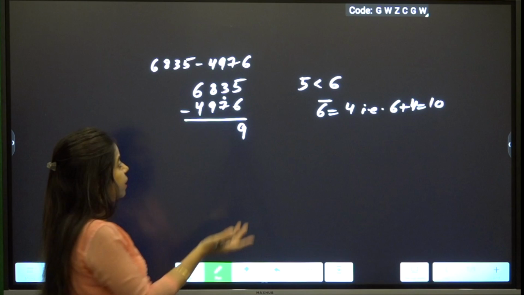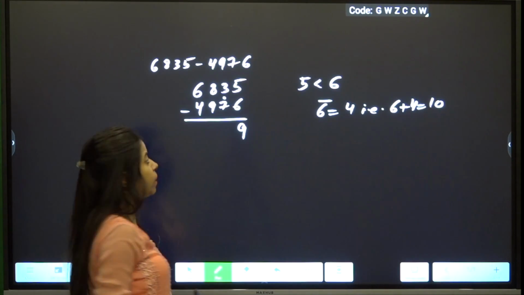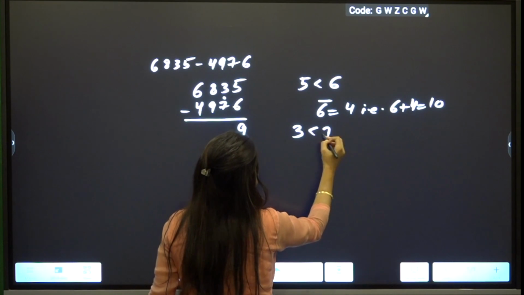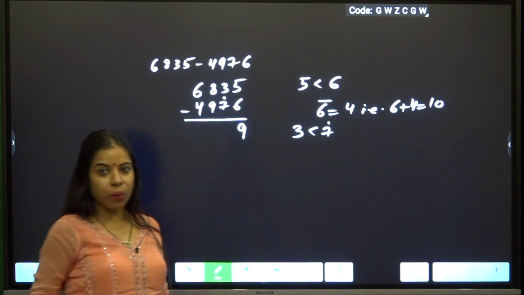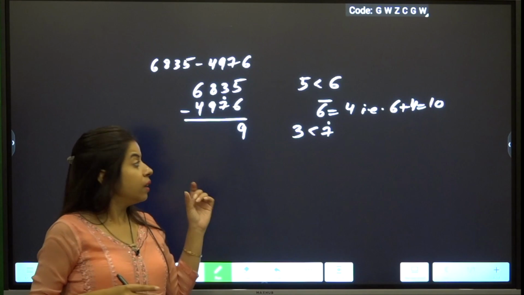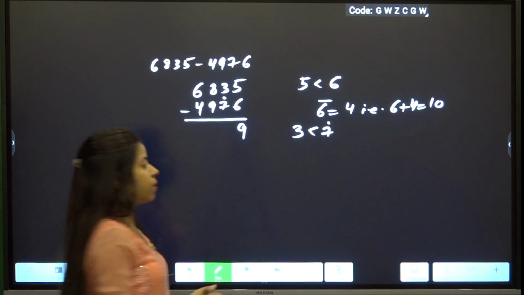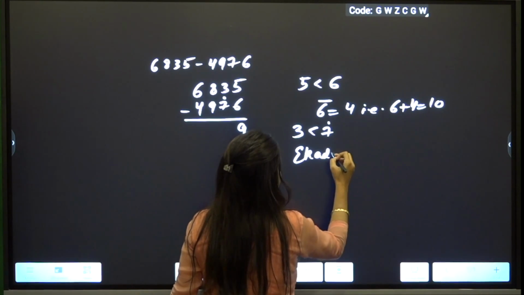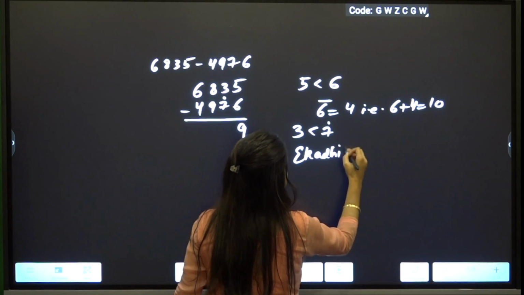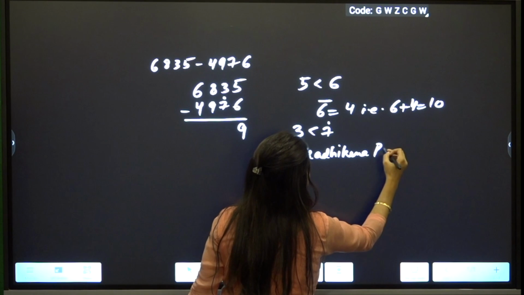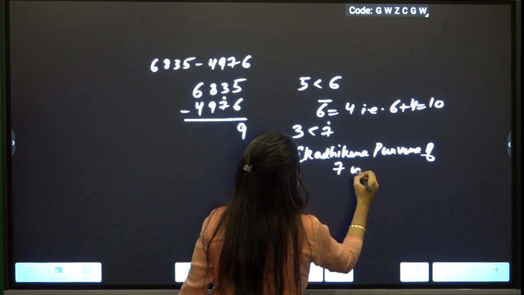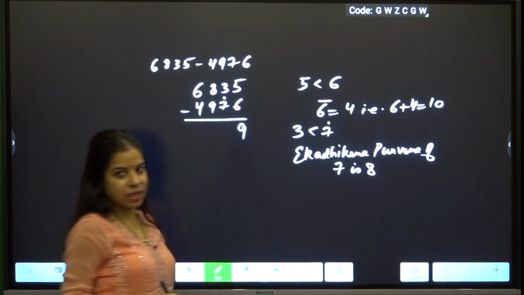Okay, now let us move to the next column. Again we can see that 3 is less than 7 dot. Now 7 dot is one more than 7, which is 8.